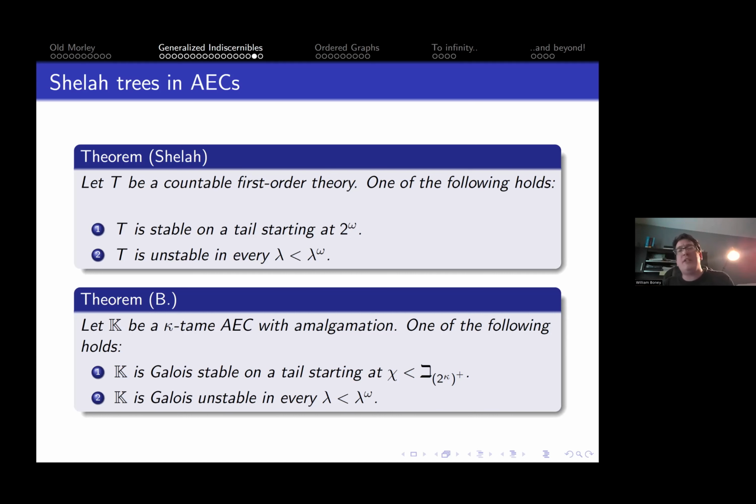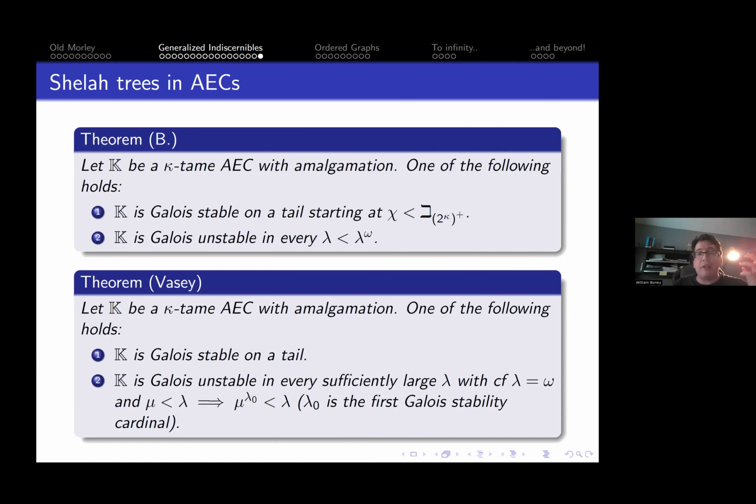The details here are not super important or fleshed out. The idea is that we lose compactness when we move to infinitary logic, but these generalized indiscernibles can help us retain some of this compactness. And I like to contrast this with a result from, I guess, several years ago now, from Sebastien Vasey.